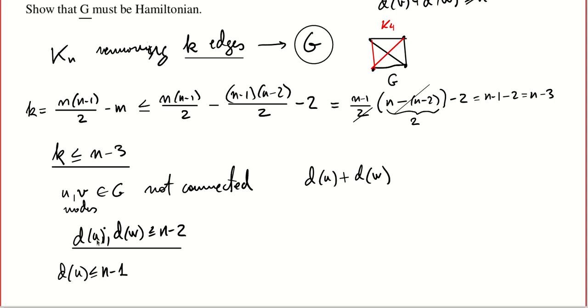So this can be connected at most to any other vertex except W, and vice versa. So both of them are at most n minus 2. And this is when one of the links that we are removing is precisely the link joining U and W. All right? Okay, so what is the worst case scenario for this?